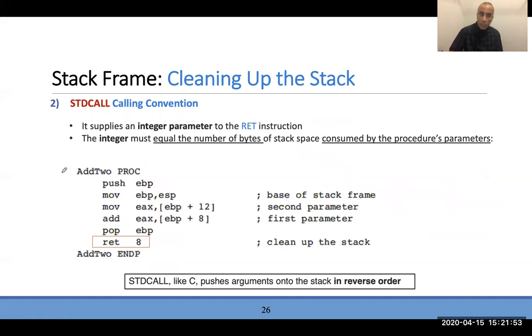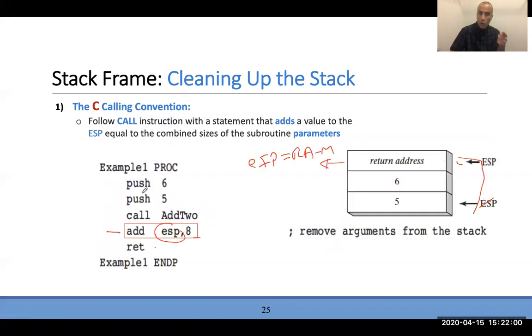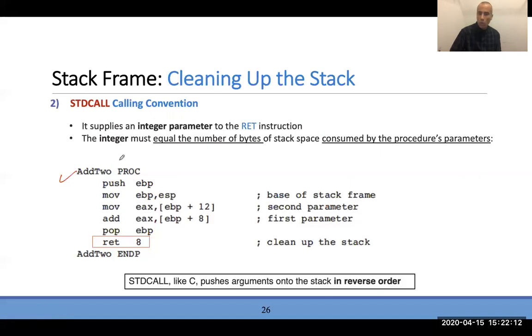So right here, you do it when you are at the add to, remember? This is something that you did here in the caller, because example 1 calls add to. STD convention, you do it when you return from the callee, right? But when you use the STD call right there, you do it at the callee side. So at the callee side right here, you're going to say return what?